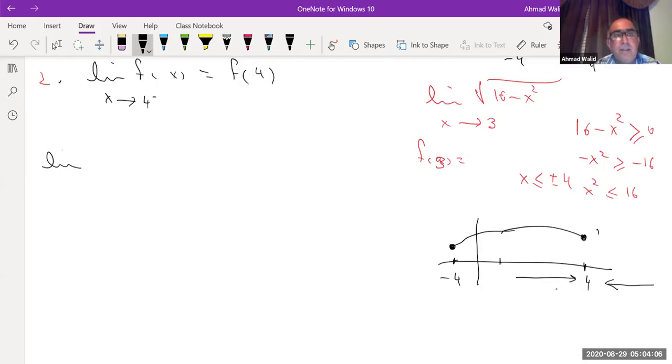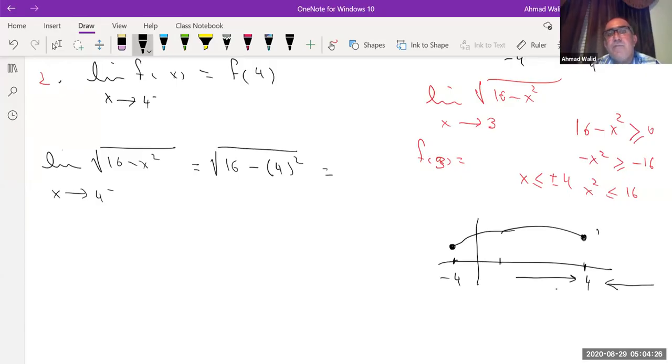The limit of f of x was the square root of 16 minus x squared as x approaches 4 from the left. As 4 is in the domain, if you plug in, it gives you the square root of 16 minus 4 squared, which is the square root of 0, which is 0. At the same time, if you look for f of 4, your function is the square root of 16 minus x squared.